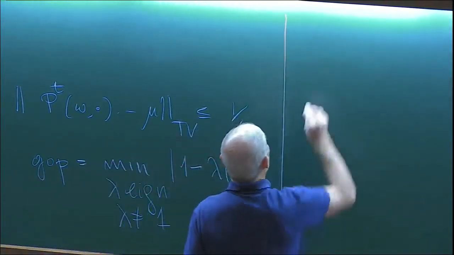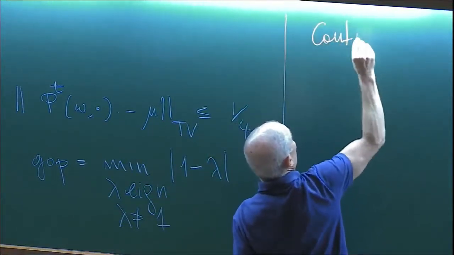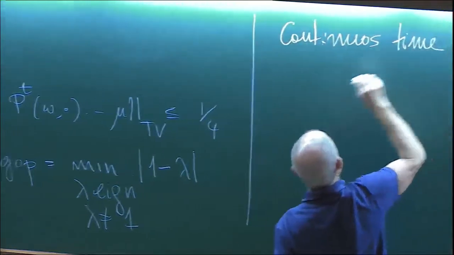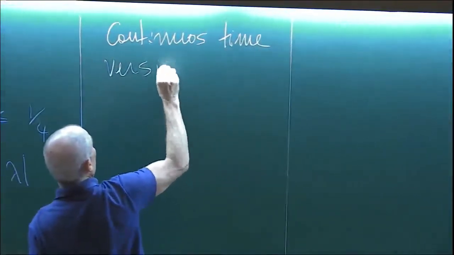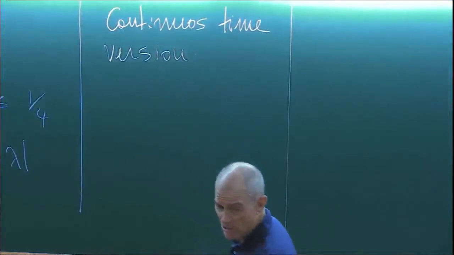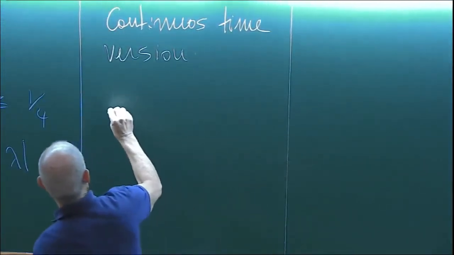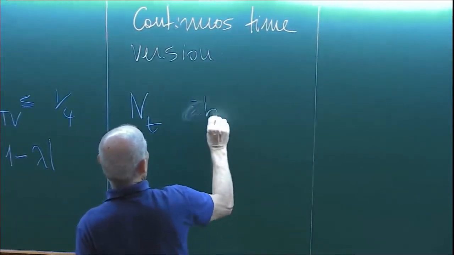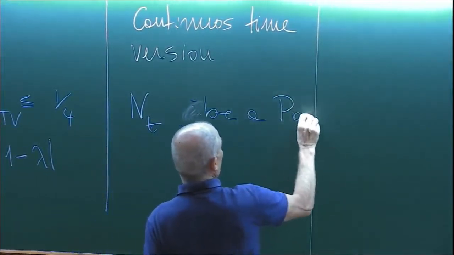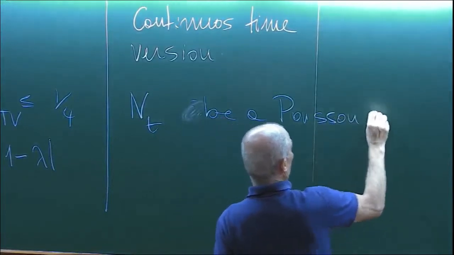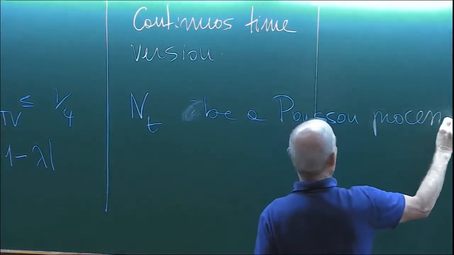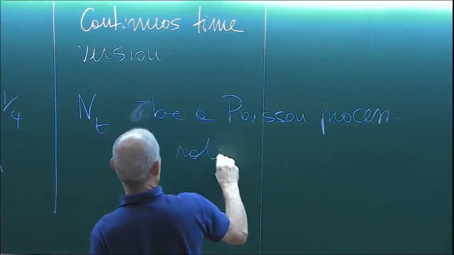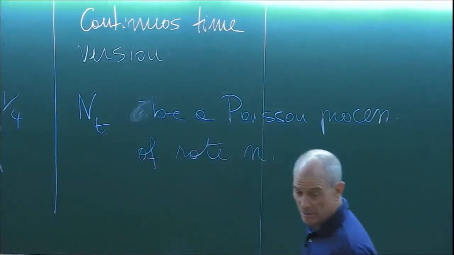So the continuous time version goes like that. Let N_t be a Poisson process of rate n, okay?